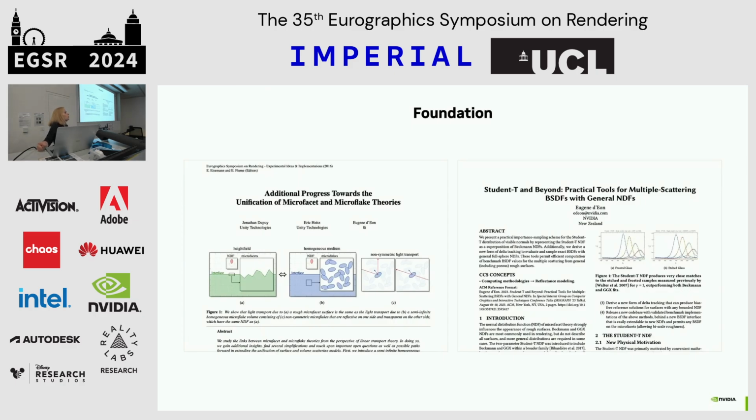We base our work on two papers because this is what you do. You always build on other people's work. In particular, we have one paper about microflakes and microfacet surfaces and how they are connected, from 2016 by Jonathan Dupuis and colleagues. And the other one is from last year, which presents a toolset of different techniques for how to evaluate microfacets and microflakes.